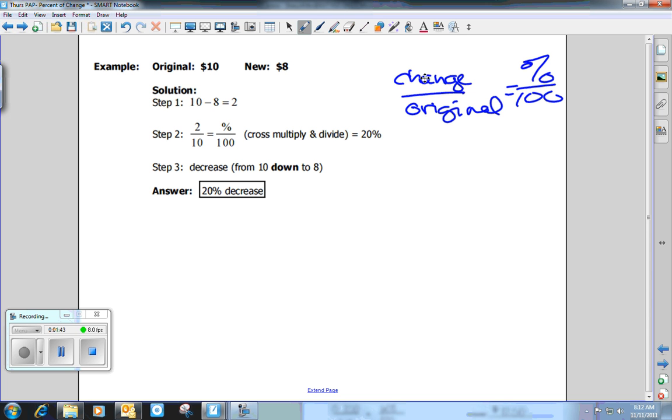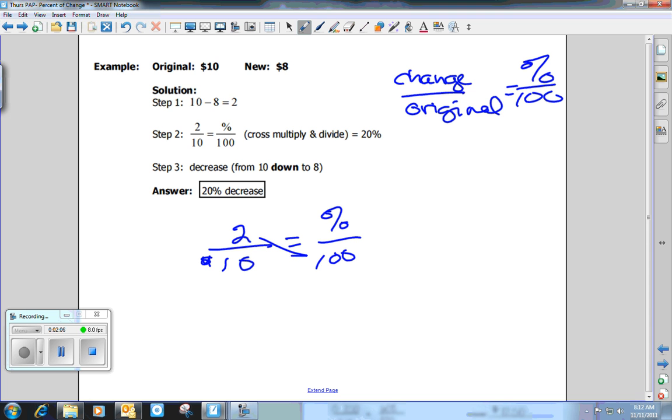The part that changed over the whole thing is the percent over 100. So first we're subtracting. We're getting a difference of 2. So the amount of change was 2. The original was $10. The original always goes on the bottom. And then that is going to equal some percent out of 100.